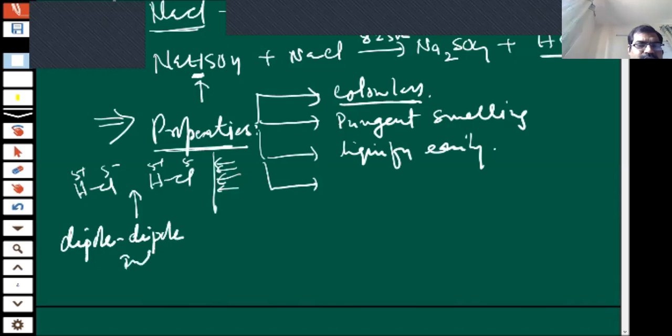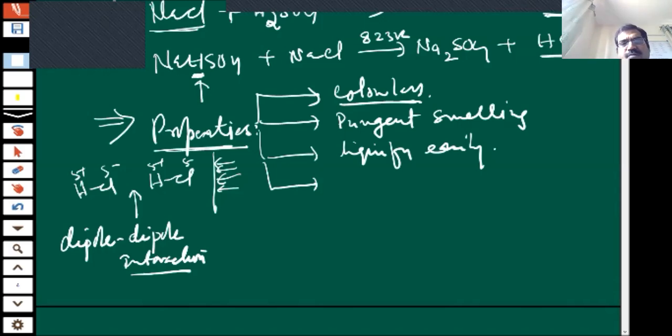If particles have intermolecular attraction force, they change into liquid, and if more force is generated, they change into solid state. So this is one important property, that it can be easily liquefied, and if you cool, it can become solidified also.